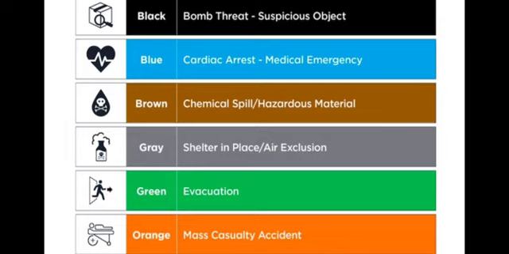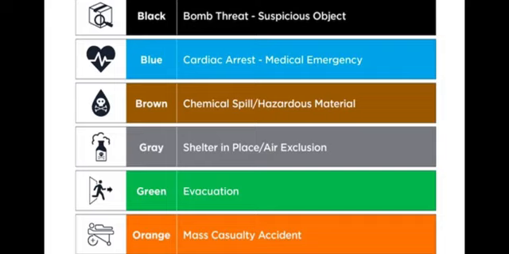You can remember two things. The sign for the hospital: when you are at some hospital you can know which sign is used for which purpose, and for MCQs and for your learning you should know each and everything. If you see a chemical spill, you should know this one is brown.